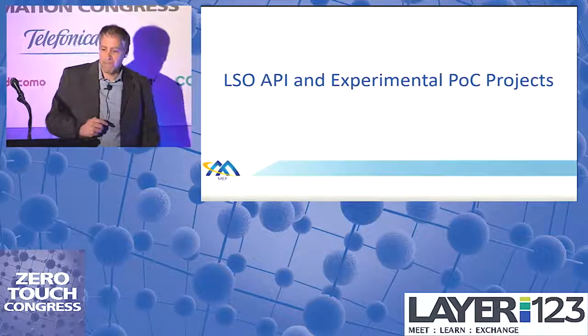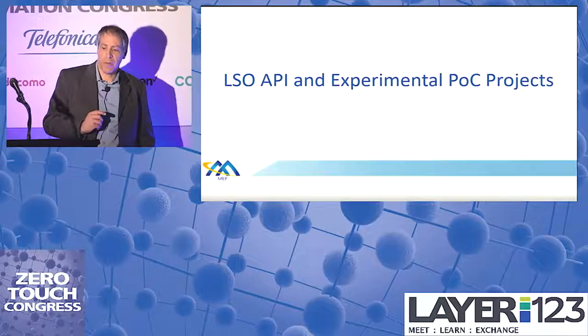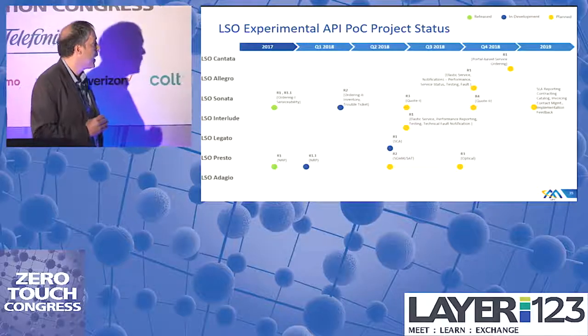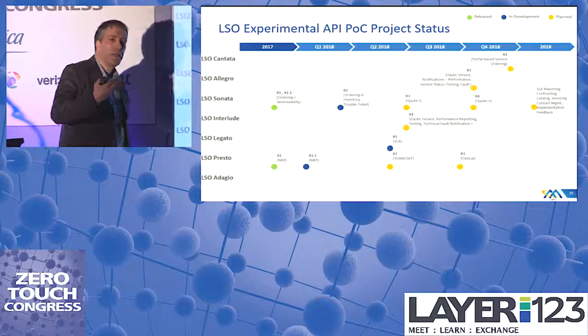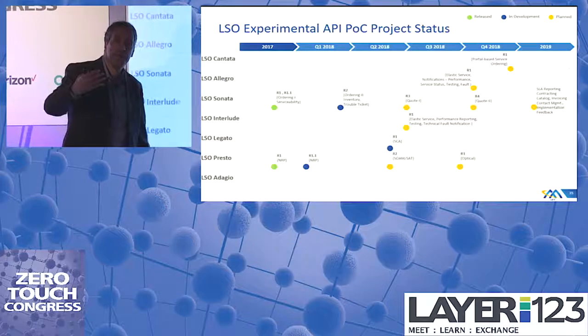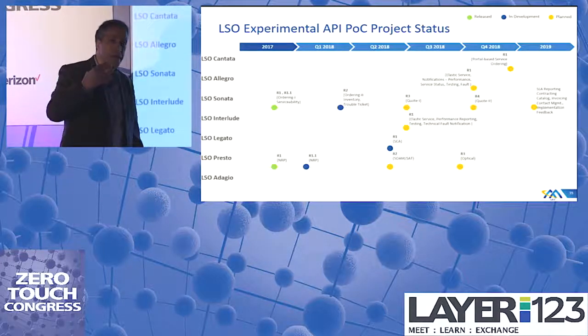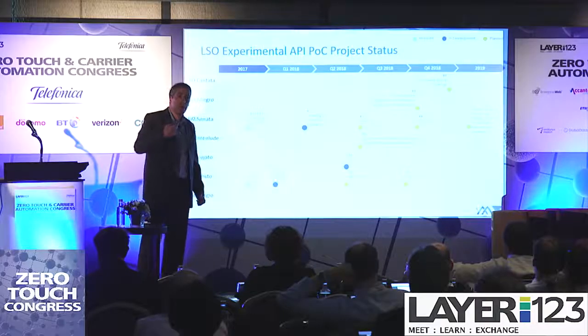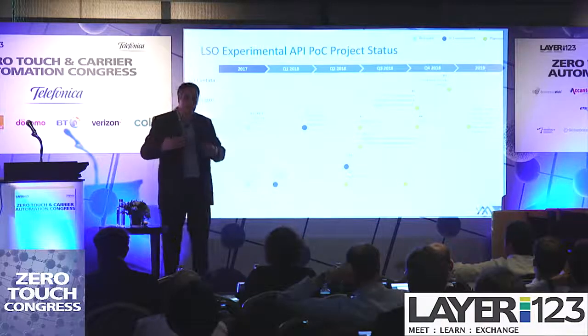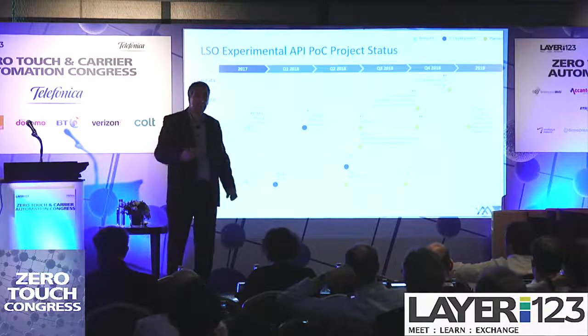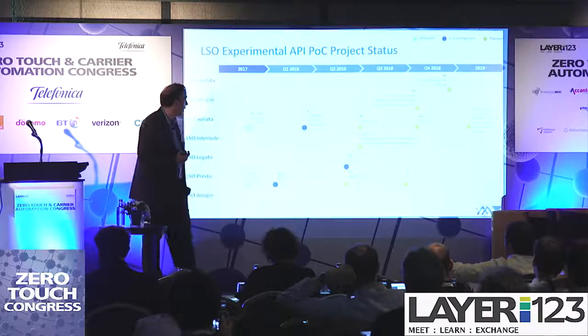Okay. Now I'll talk a little bit about the API, the experimental API project. As I said, the product of the MEF is the standard, the API standard. However, we would like to provide the user a way to start. We'd like to provide some reference code, so they can start with the API.